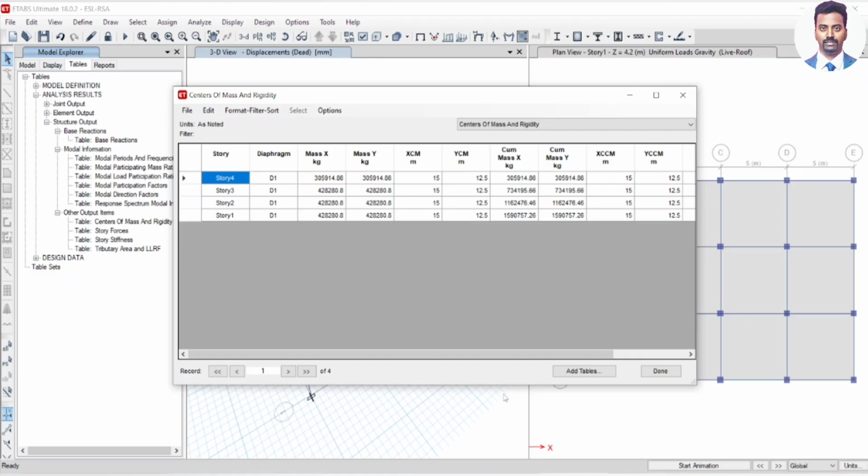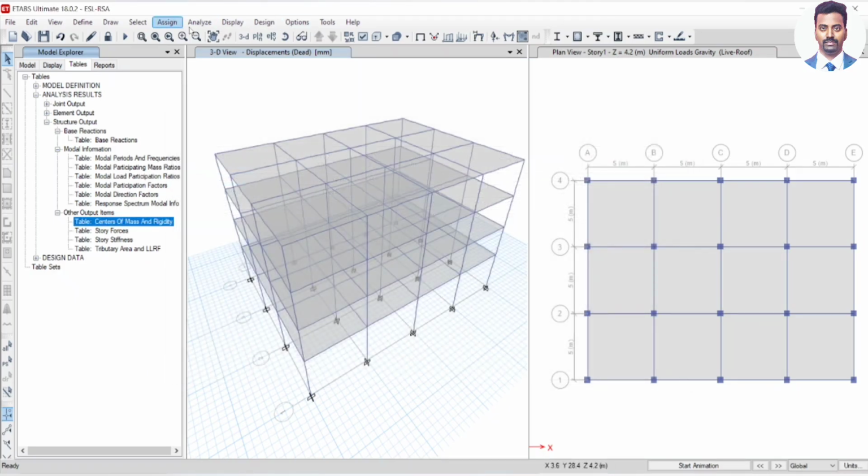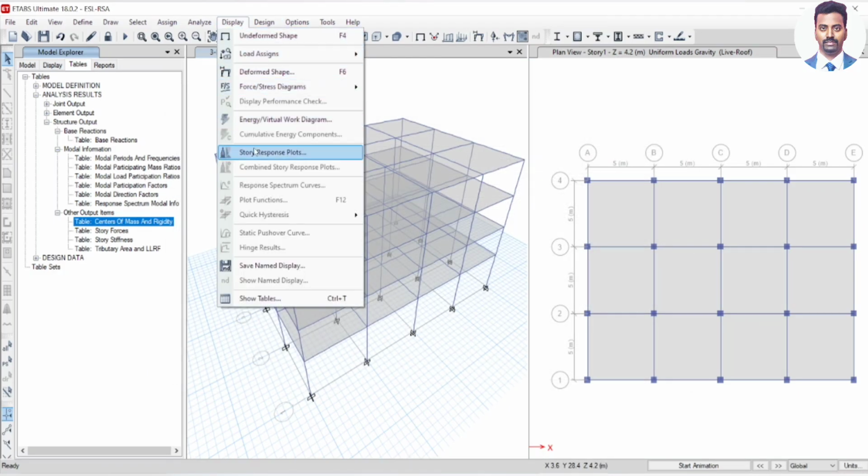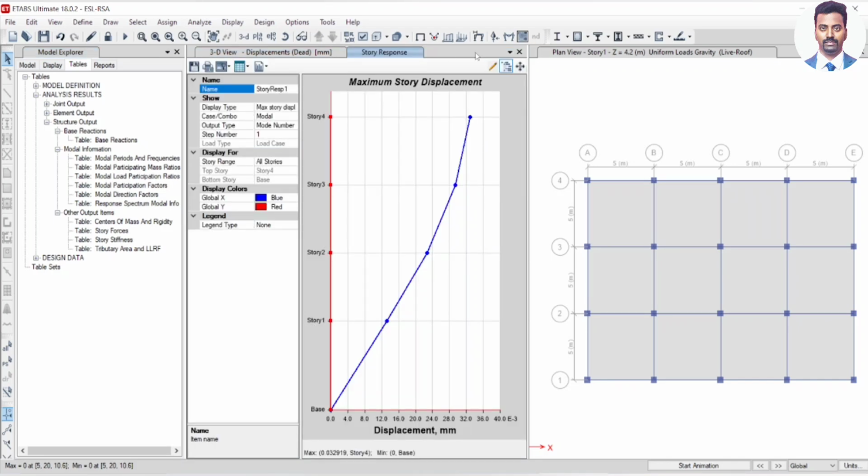Let us check in ETABS. Display response spectra plot.